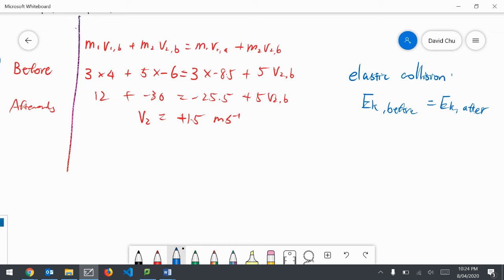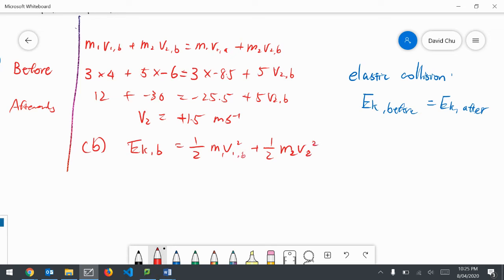We use all the information we have, because we have all the masses and all the velocities. We can now do a calculation on energy. So part B, we need to look at the kinetic energy before, which equals a half m1 v1 squared plus a half m2 v2 squared.